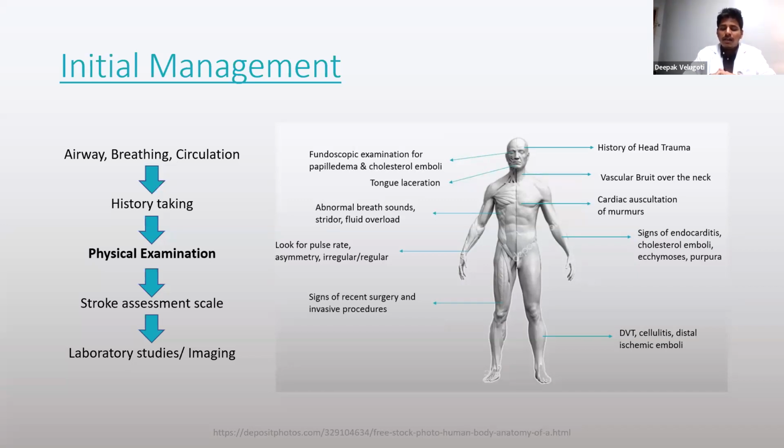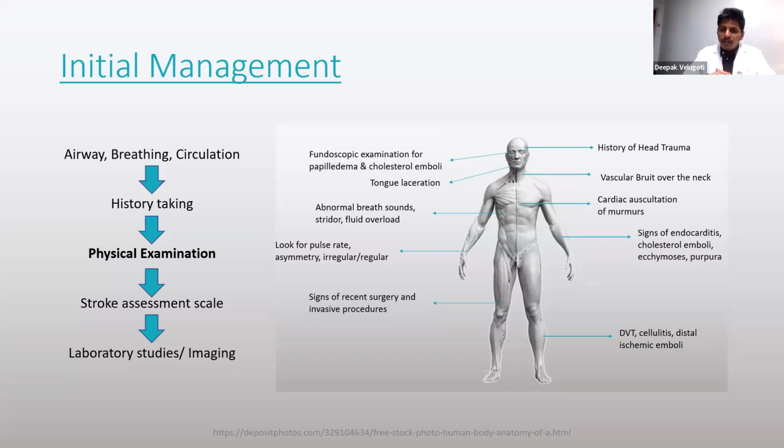And look for the presence of tongue laceration. A new tongue laceration can identify patients who have had a seizure, and the presence of a vascular bruit over the neck can give us a localization of the cause, that is internal carotid artery occlusion. Then cardiac auscultation for murmurs, and abnormal breath sounds, stridor or fluid overload, and other findings such as signs of recent surgeries and invasive procedures that can cause intravascular atherosclerotic plaques that can cause a stroke.